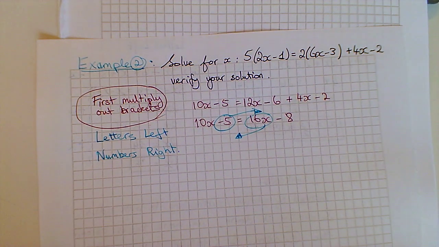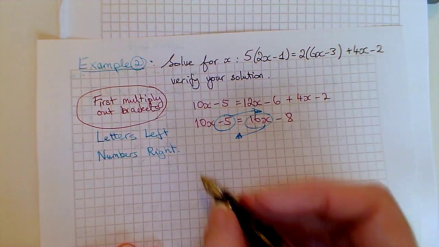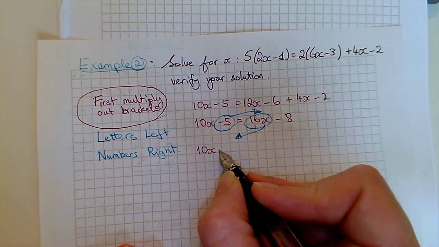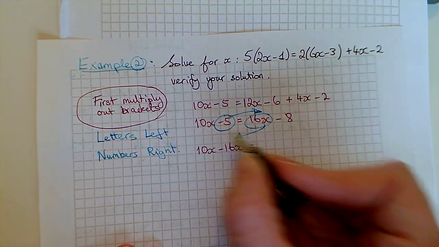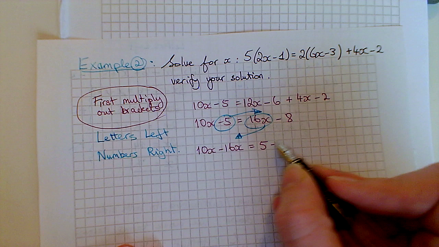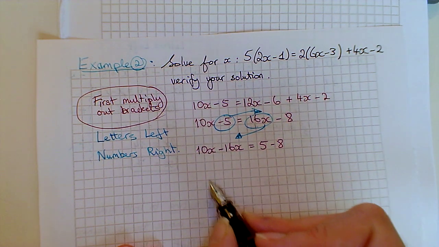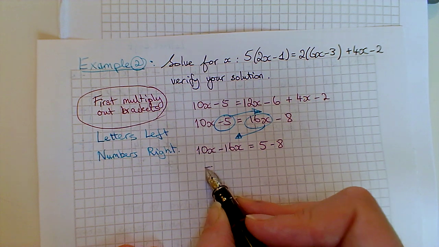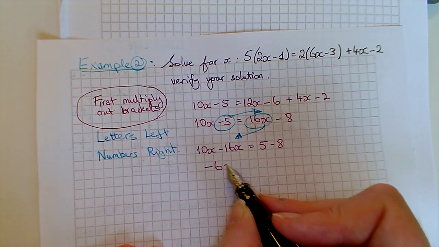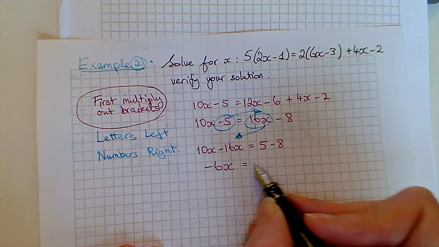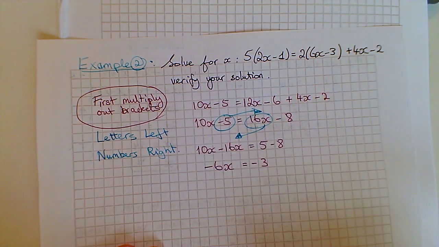And when I make that movement, I must change the sign as well. So I will have 10x take 16x is equal to a plus 5, take 8. So 10x take 16x gives me a minus 6x equal to a minus 3.